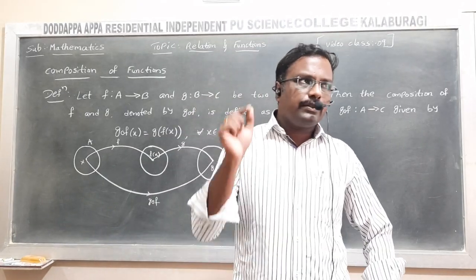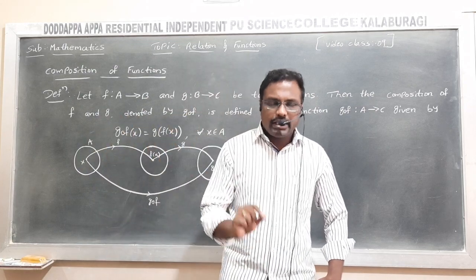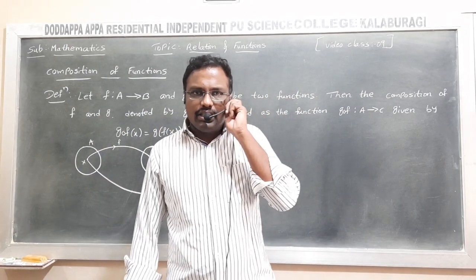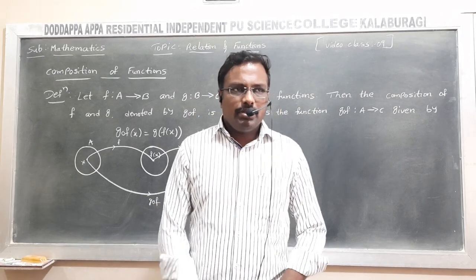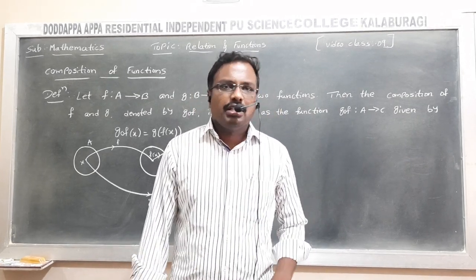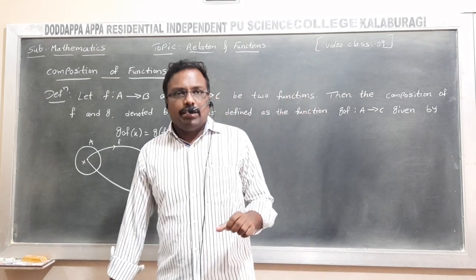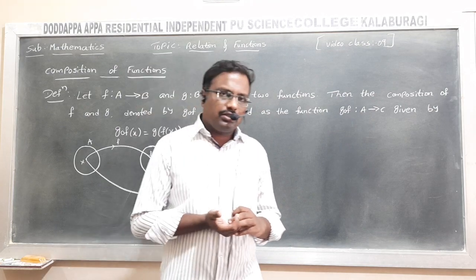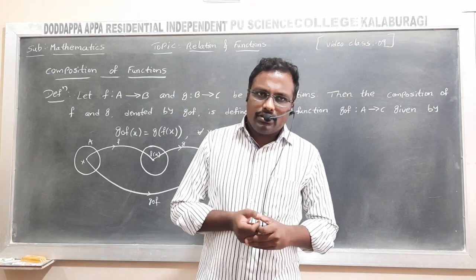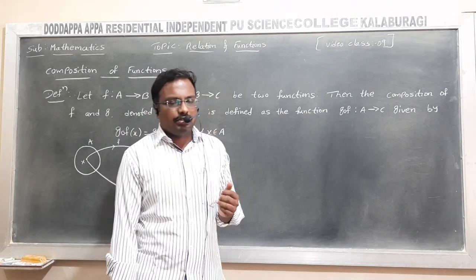Onto means in set B no element should be left, all elements should be related. Bijective means it is a one-one and onto function. If both are one-one and onto, then it is called a bijective function. And you studied some related problems.